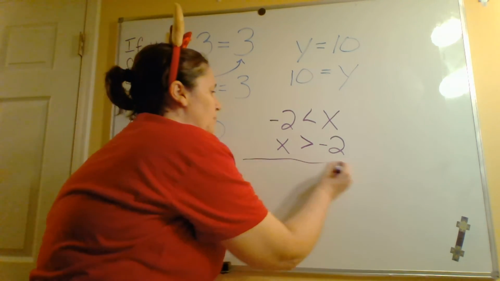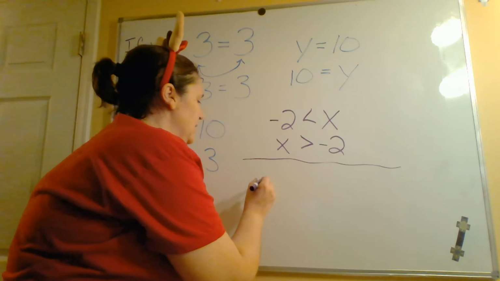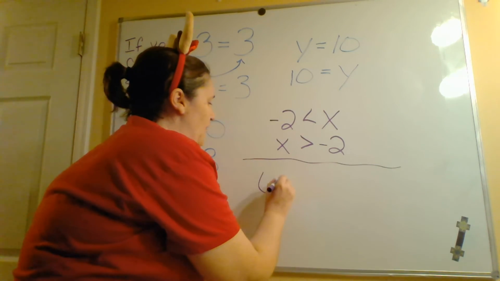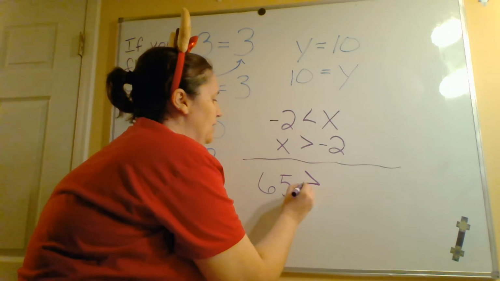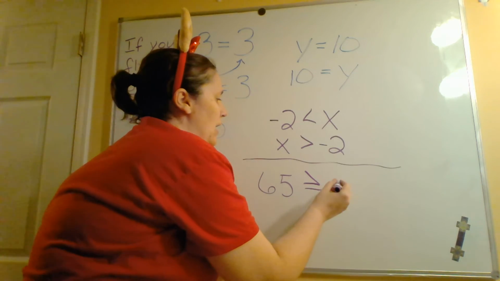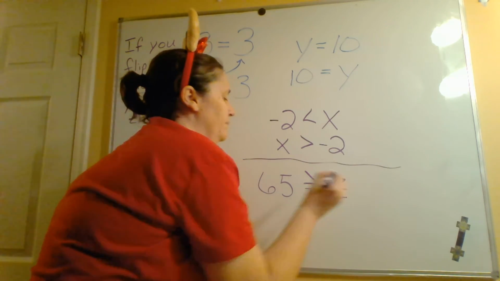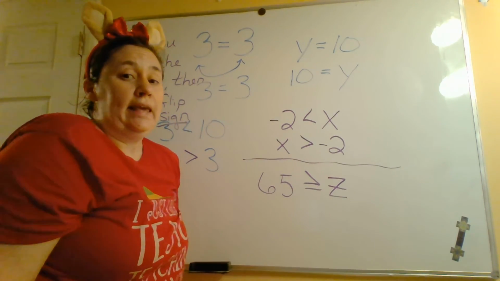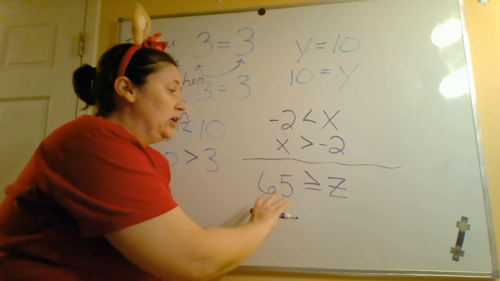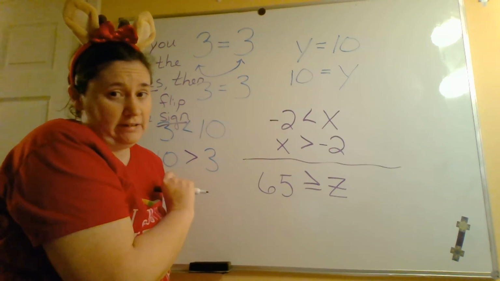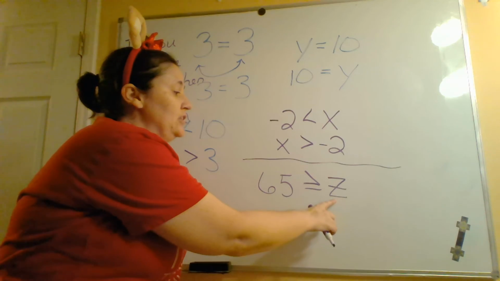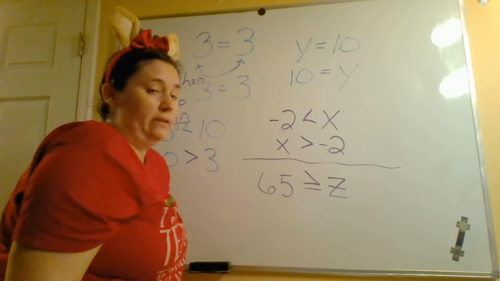So here's another example, one last one. If I get 65 is greater than or equal to z, I can't leave my answer like this. It's not considered to be good mathematics to leave your answer like this. You want to have your variable be on the left side.